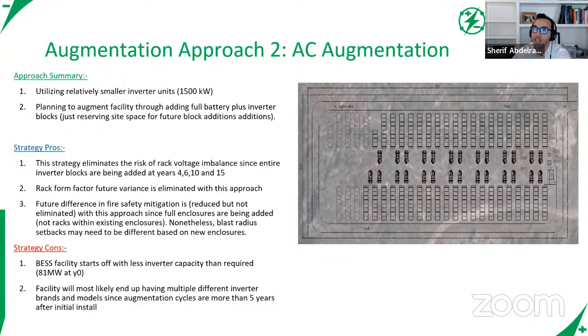So that's physically. Now, I'll call it logistically. If you're planning an AC augmentation from year 0, you probably want to structure your interconnection accordingly and request the full capacity of all phases. Now, different utilities may have different requirements and limitations on this from an interconnection standpoint. Some utilities may tell you, no, you can't actually reserve all that capacity for 5 years and then add that capacity in the future.